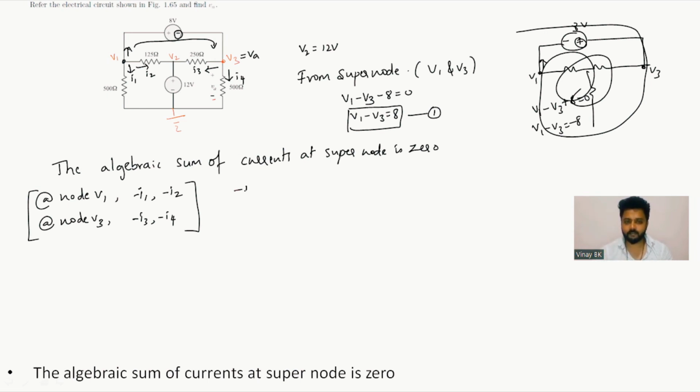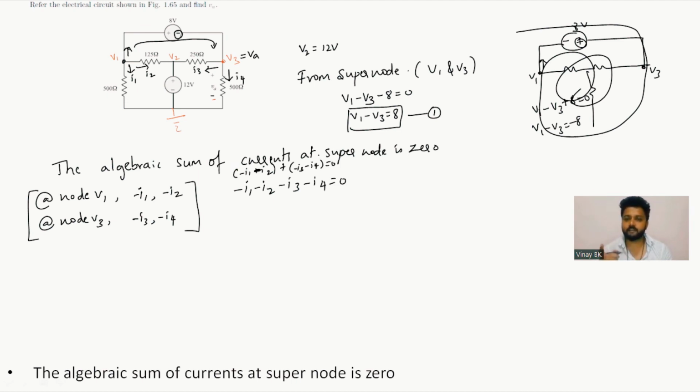That's nothing but minus I1 minus I2, algebraic sum, you need to add, plus into minus is minus, so minus I3, minus into plus is minus, again minus I4 equals 0. So that is nothing but minus I1 minus I2 minus I3 minus I4 equals 0.